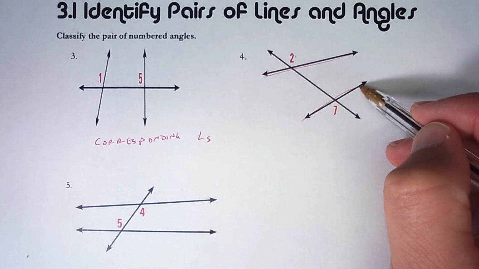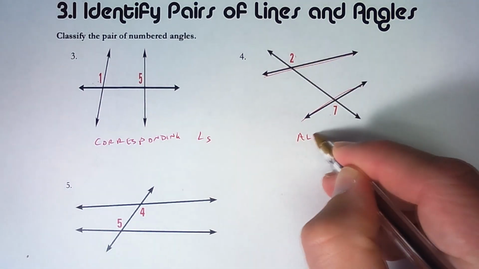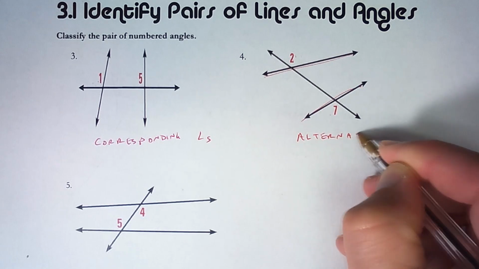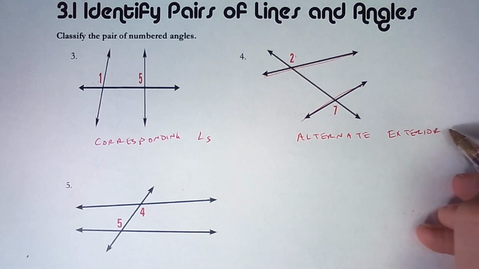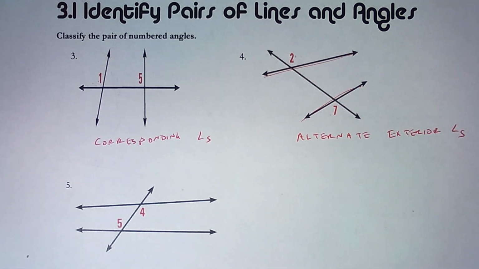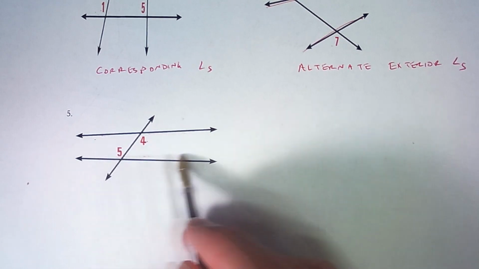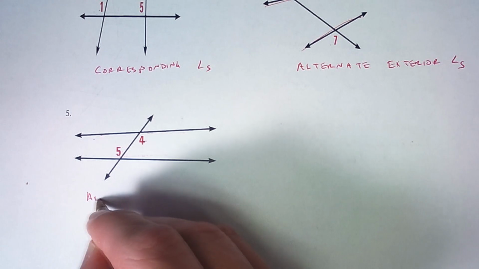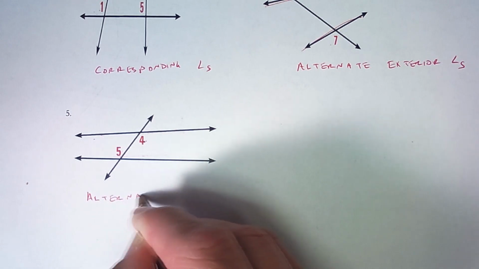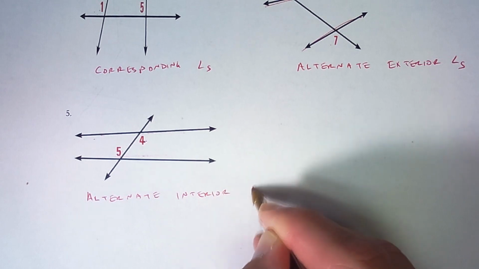Angles 2 and 7, those are outside of the lines, but on opposite sides of the transversal, those are alternate exterior angles. 4 and 5 are both between these two lines, but on opposite sides of the transversal, those are alternate interior angles.